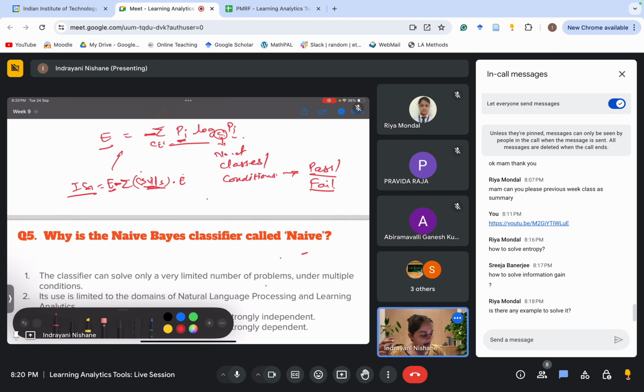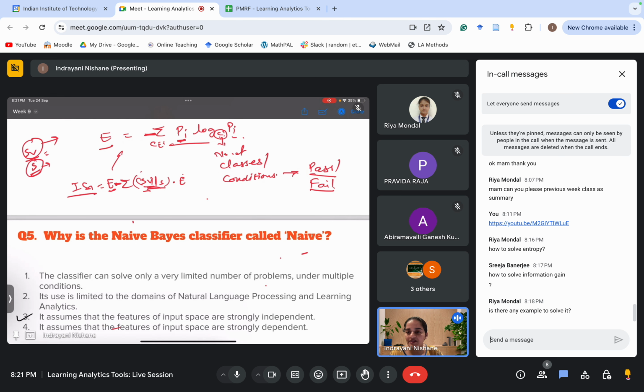S is the number of students in that subgroup, how many students have attendance less than 50%, the number of data items satisfying that condition. And SV is, out of those, how many are pass and how many are fail. So there will be two classes, pass and fail.